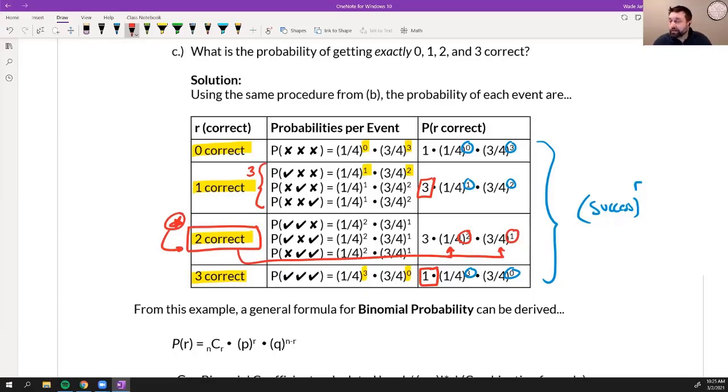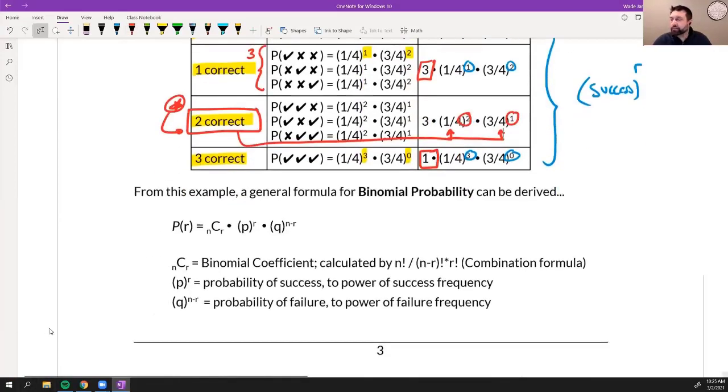In general, here is the formula. For a binomial distribution, you can calculate the probability of an event by taking P, raising it to the number of successes, times Q, raised to the power of the number of failures.